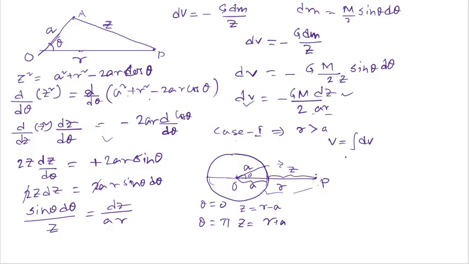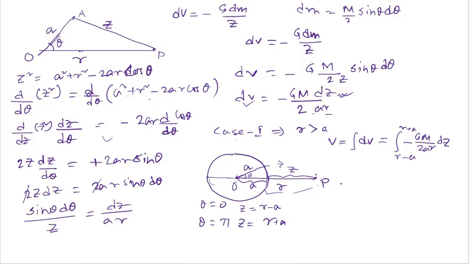This is a definite integral. I'll integrate with z from r minus a, corresponding to theta equal to 0, to r plus a, because the variable is now z. And I can write minus GM by 2ar into dz.